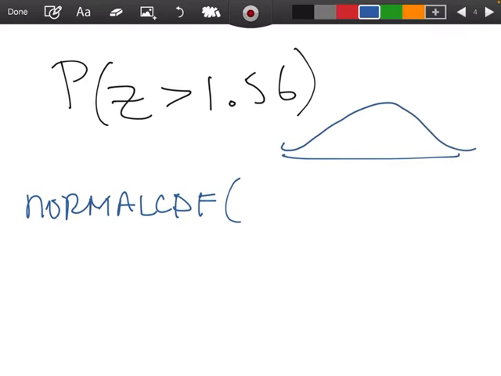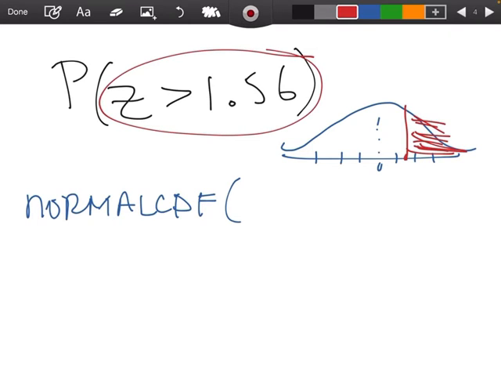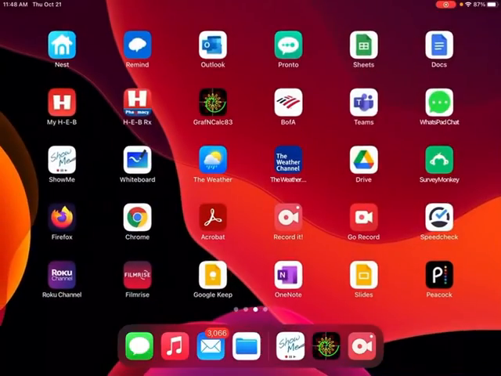If I think about what my picture looks like, remember 0, 1, 2, 3, negative 1, negative 2, negative 3. The number we're looking at is 1.56 right about here, and we're finding the area to the right because it's going to be greater than. So my lower limit is going to be 1.56. My upper limit, since we're going all the way to the right, approaching infinity, I'm going to use 9999.